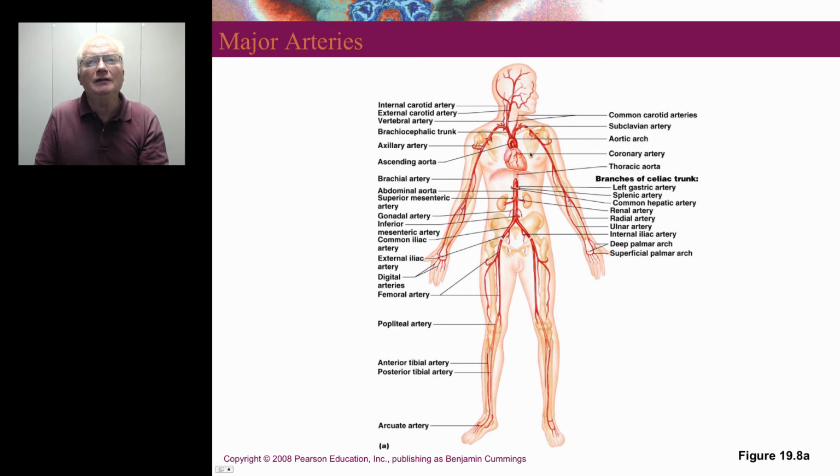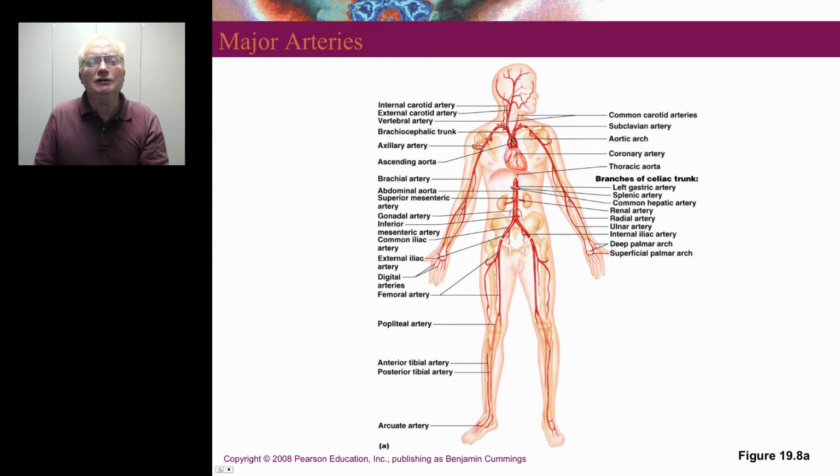I should point out that there are coronary arteries that come off as soon as the aorta leaves the heart. They're smaller, they're not well shown here, but they're obviously very important because they supply the heart with oxygenated blood.